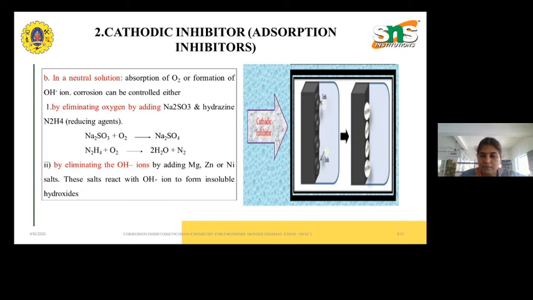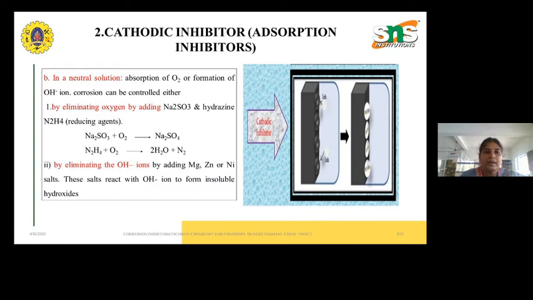In the previous case, hydrogen gas evolution occurs, so we could absorb H plus ions or form a metallic film on the metal surface. In this case, when the medium is neutral or alkaline, oxygen gas is evolved or OH minus ions are formed. How do we control it?